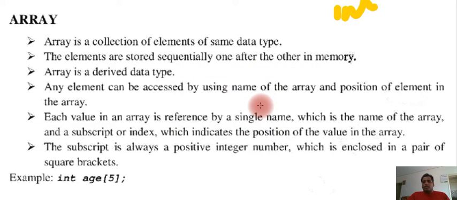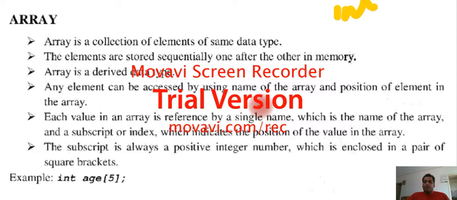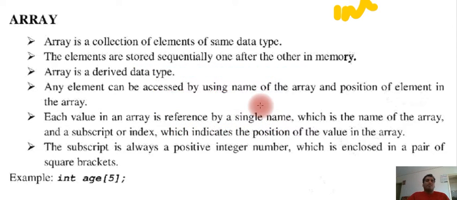The other method is to store the same 6 marks inside one variable. That concept is nothing but the array. If you store multiple elements, or a collection of elements of the same data type, inside an array, that is the definition of the array.